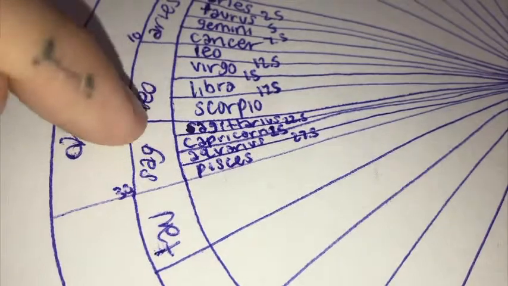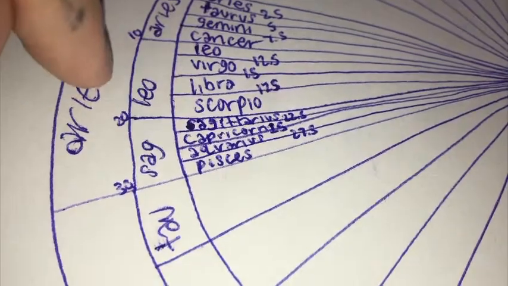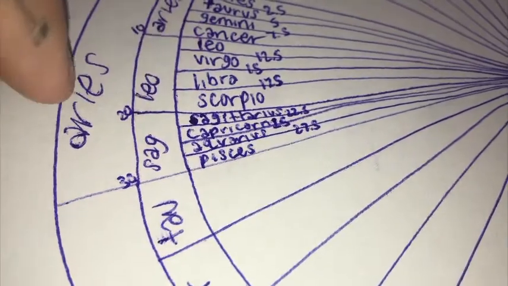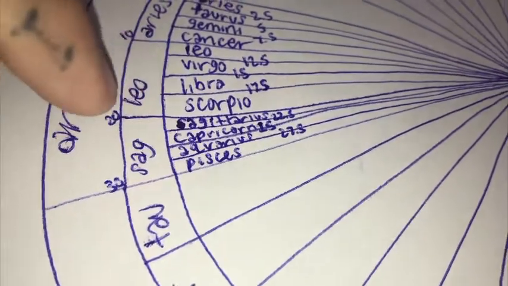Now in the decan of Leo, 10 to 12.5 would be Leo, 12.5 to 15 would be Virgo, 15 to 17.5 would be Libra, 17.5 to 20 would be Scorpio.